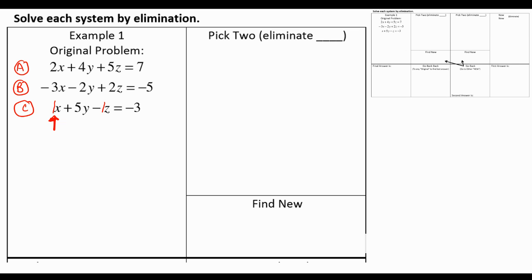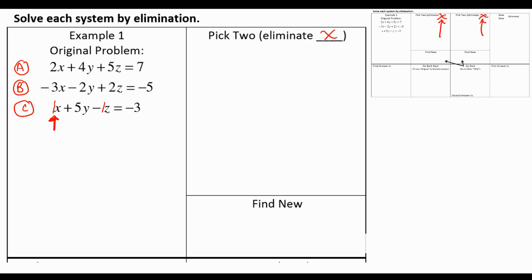So what we're going to do is pick 2 equations now. And since the positive hidden one is on x, we're going to eliminate x. You have to eliminate x on this step right here and on the next step. On your notes, make sure we put eliminate x on the first 2 steps.